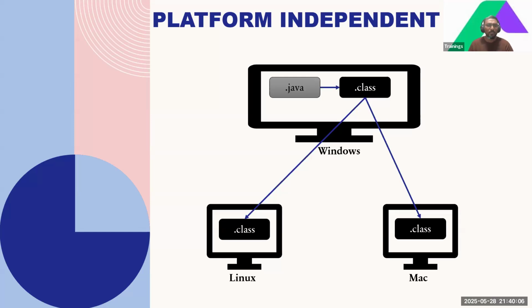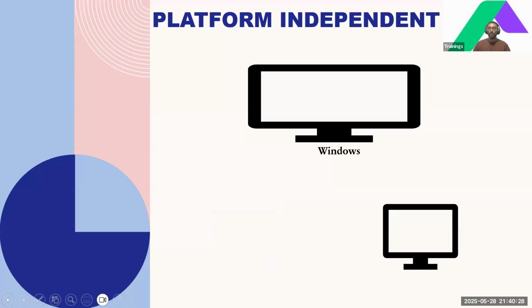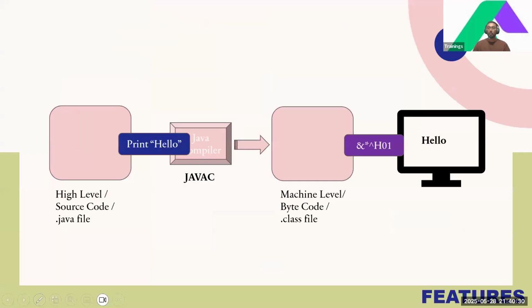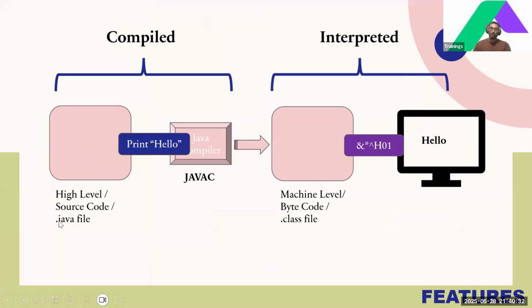Then we discussed compiled and interpreted. Compiled and interpreted means what? The code we write is in a high level language, which is also called source code, in the form of a .java file.